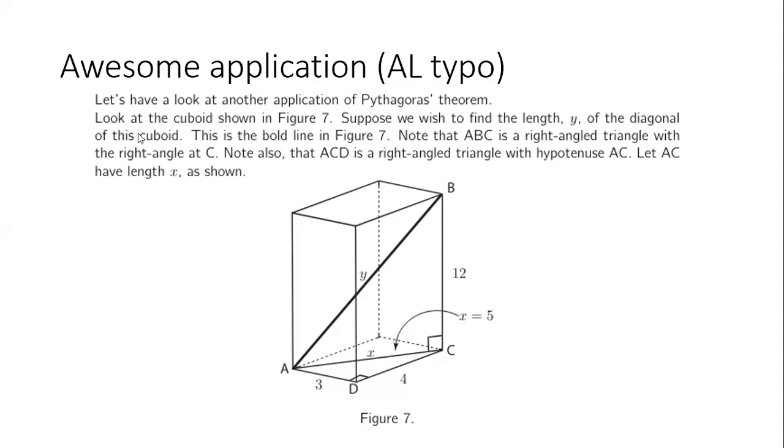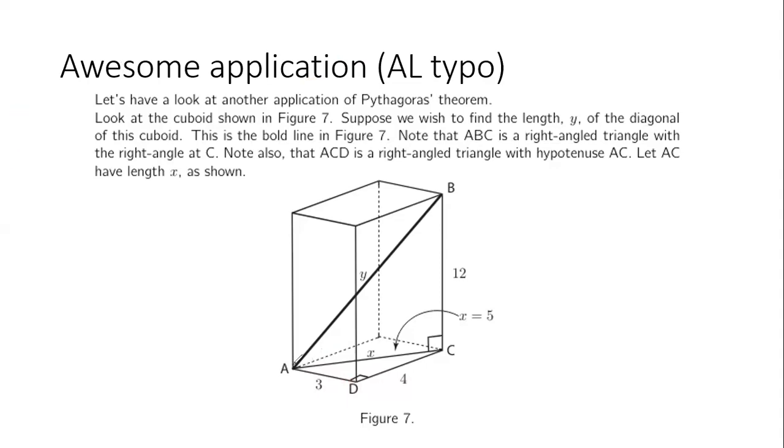So here's actually an A-level type question that can be asked even as an MCQ question, right? If there's a cuboid like this, and let's say we want to find the length y.